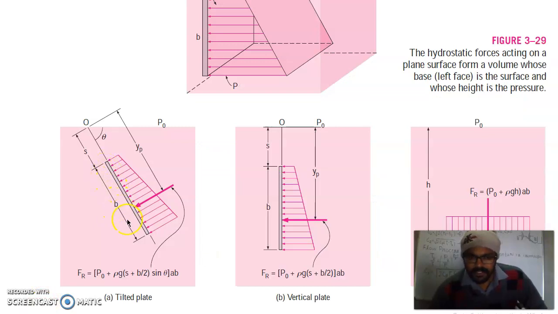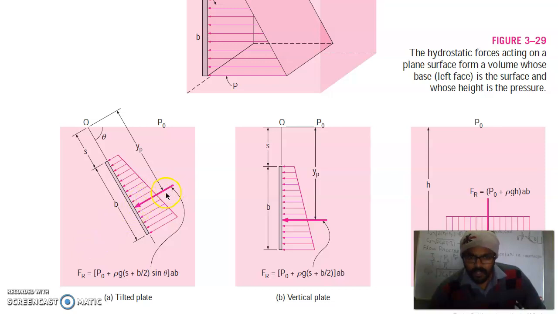You can see this is a tilted plate inclined by angle theta with the surface and at a distance s from this point O on the surface. Yp is the distance to the center of pressure.